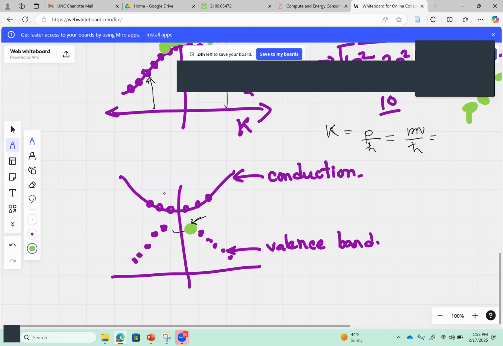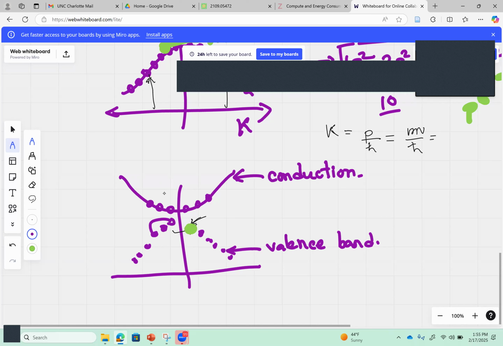But by moving the electron to a different state, it leaves an empty state at the previous position. And that empty state might be taken by another electron. Maybe this electron will move to the empty state. So it will create a chain of events where each electron can move from one seat to another seat. Whenever it moves, it leaves an empty state, and that empty seat would be occupied by another electron. Okay, so this chain process can create current conduction.